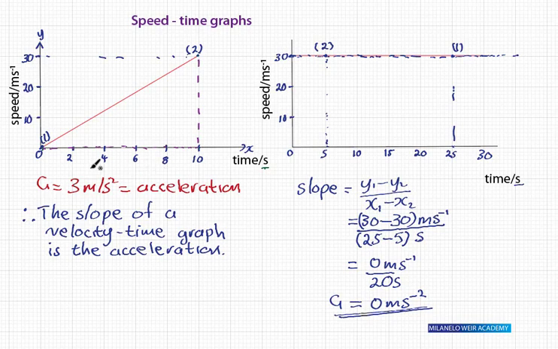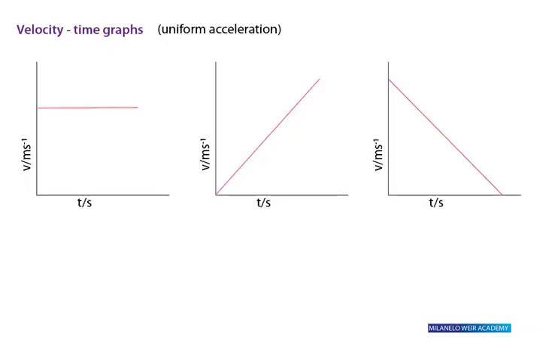Now let's go on and look at other typical graphs, speed time graphs or velocity time graphs. Here are the typical velocity time graphs that we need to look at. And here we have the motion of this object with uniform acceleration.